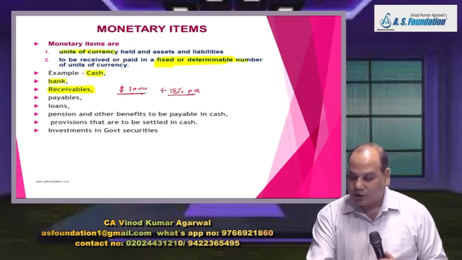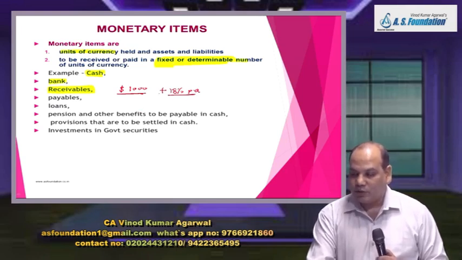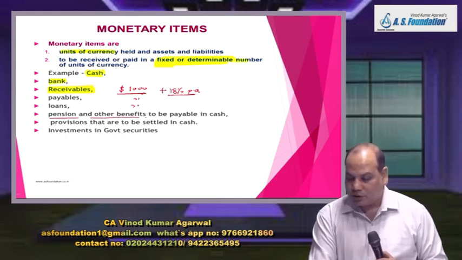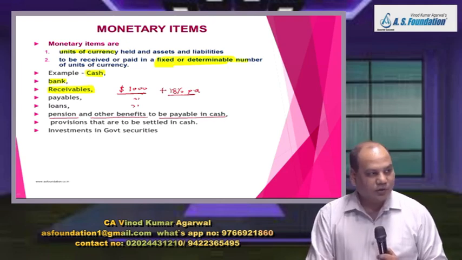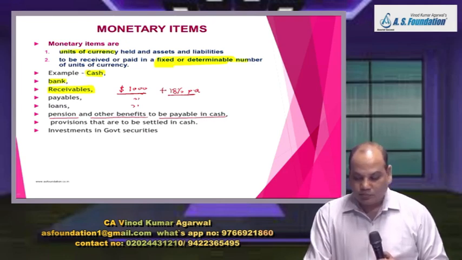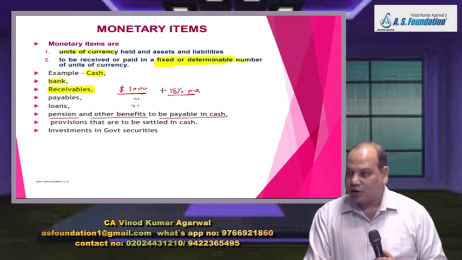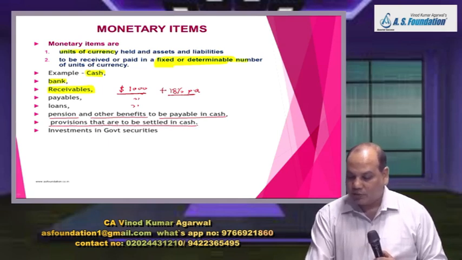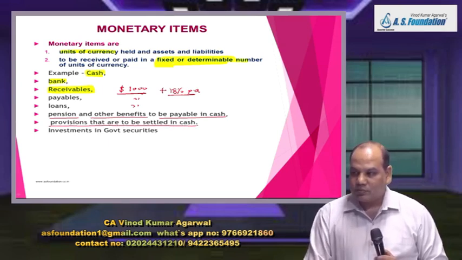But even that is determinable. Even the amount I am going to receive is fixed or determinable. Payable, same example. Loan. What about pension and other benefits to be payable in cash? Pension and other benefits payable in cash is again fixed or determinable. Provisions which are to be settled in cash are monetary items.